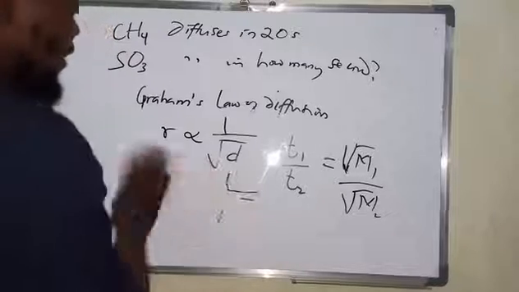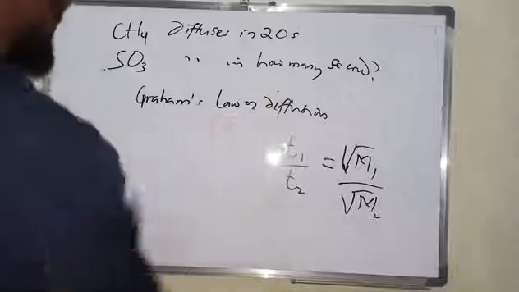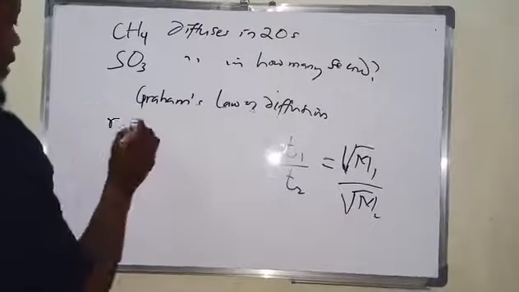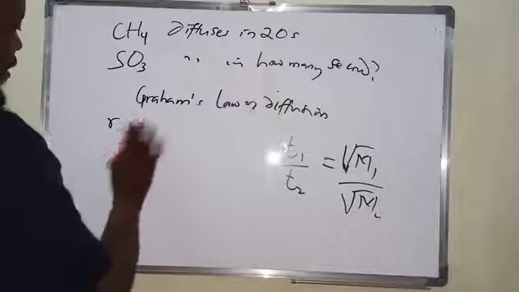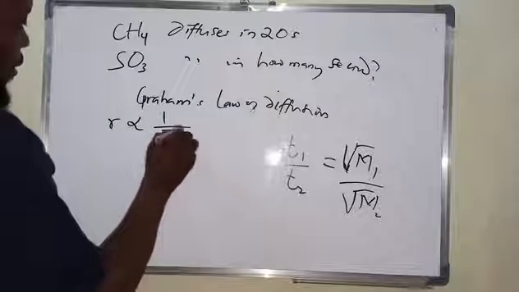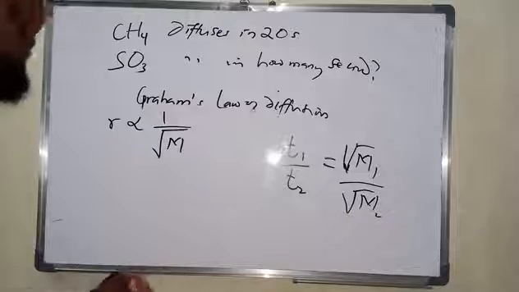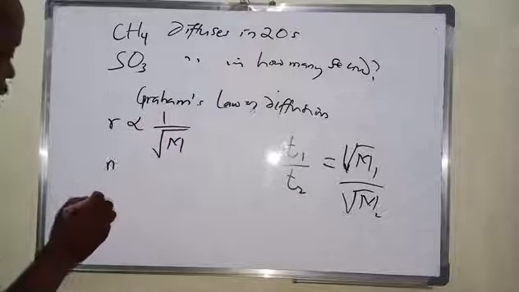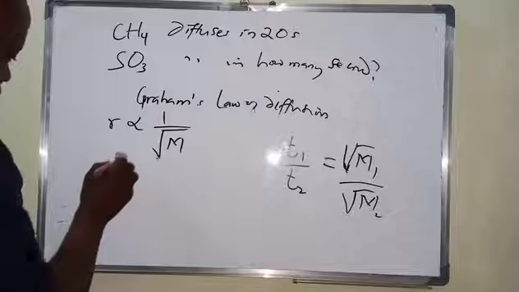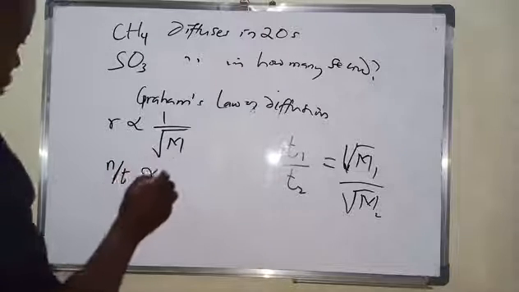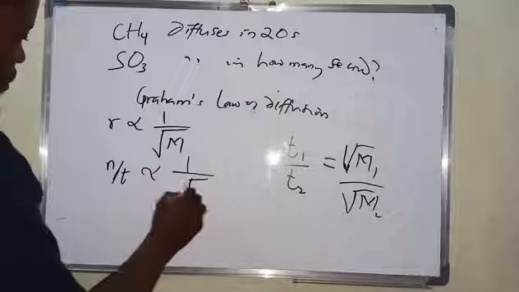Let's check. Like we just mentioned, rate is inversely proportional to mass, whether molar mass or normal mass. Rate usually is the number of molecules involved over time, so it is directly proportional to mass.